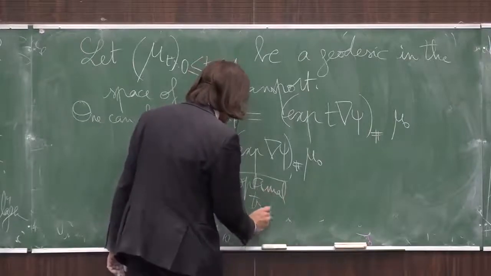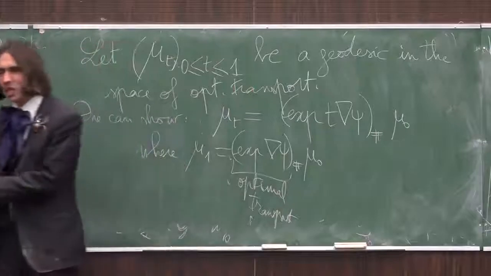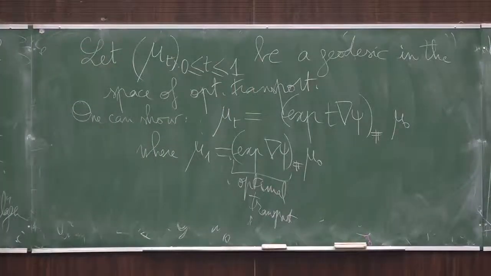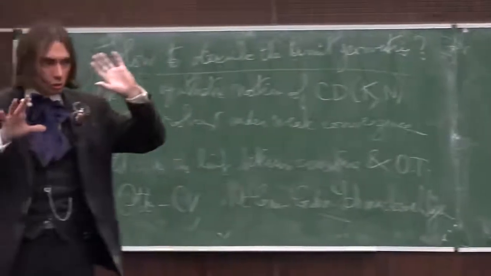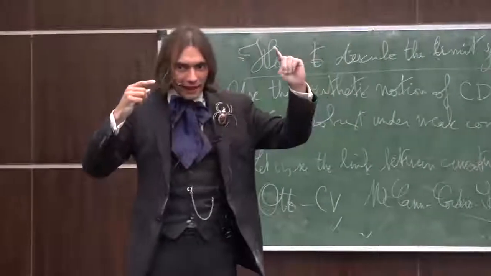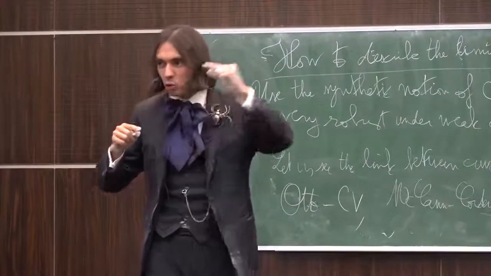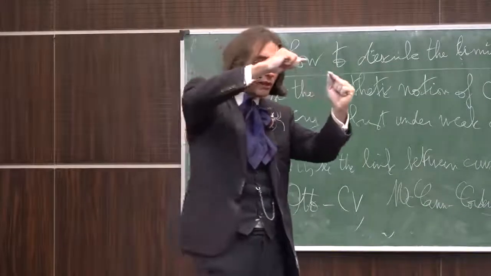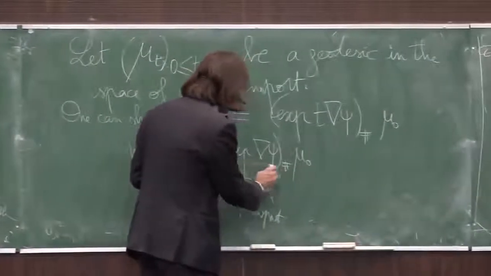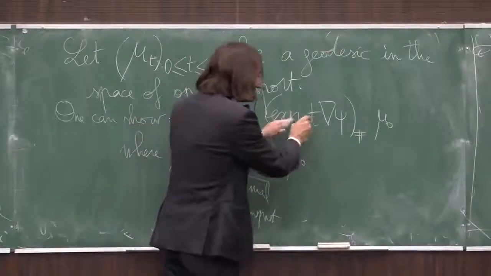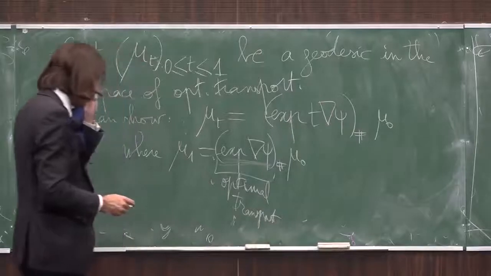So looking at the geodesic in the space of measures is easy. You take an optimal transport map from the first measure to the final measure, and you interpolate in between. To go from point 0 to point 1, you go along the geodesic. If I have the final point here, then I interpolate between time equals 0 and time equals 1.